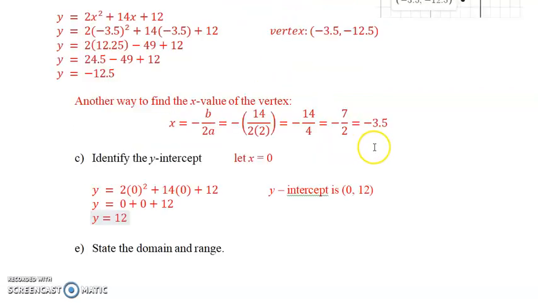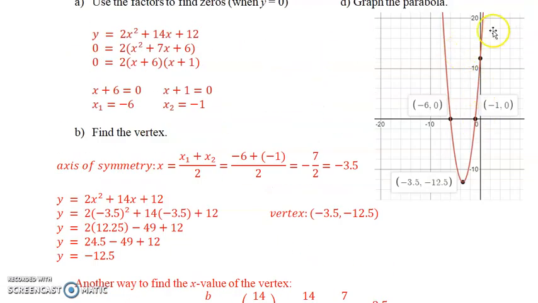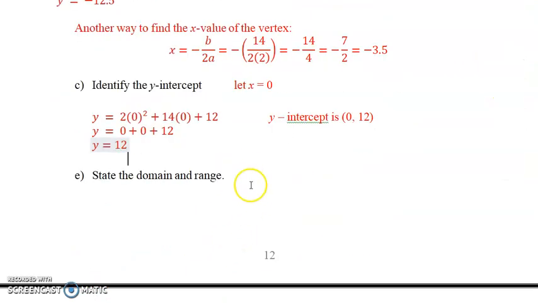Let's look at domain and range for a minute. So this goes on forever to the left and to the right. So for the domain, there's two ways we can write it. First we can say that x is an element of the real numbers, which you folks are used to. We've been doing that, right? Because it goes on forever and it's continuous data.